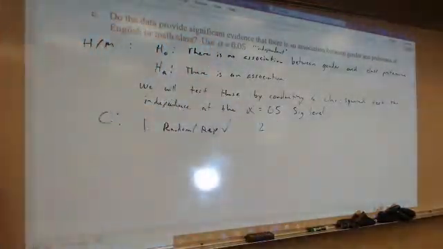The second condition is that the expected values all have to be greater than 5. 5 or more. It can be 5 or more. So look at our expected values. The lowest is 21.49.